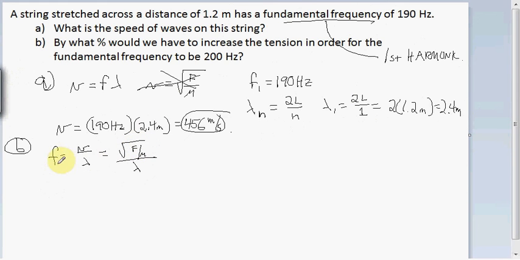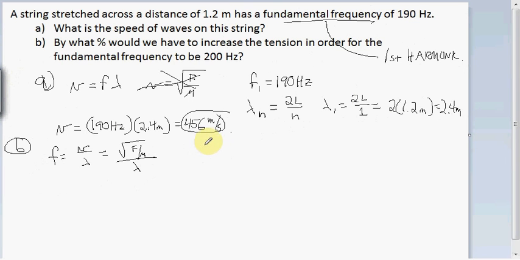But what I can do is take a ratio. There are two different frequencies that I'm interested in at two different tensions. When we know one frequency and we know the other frequency, and we're interested not in the tension itself but in the ratios, that tells us we might be interested in taking a ratio.